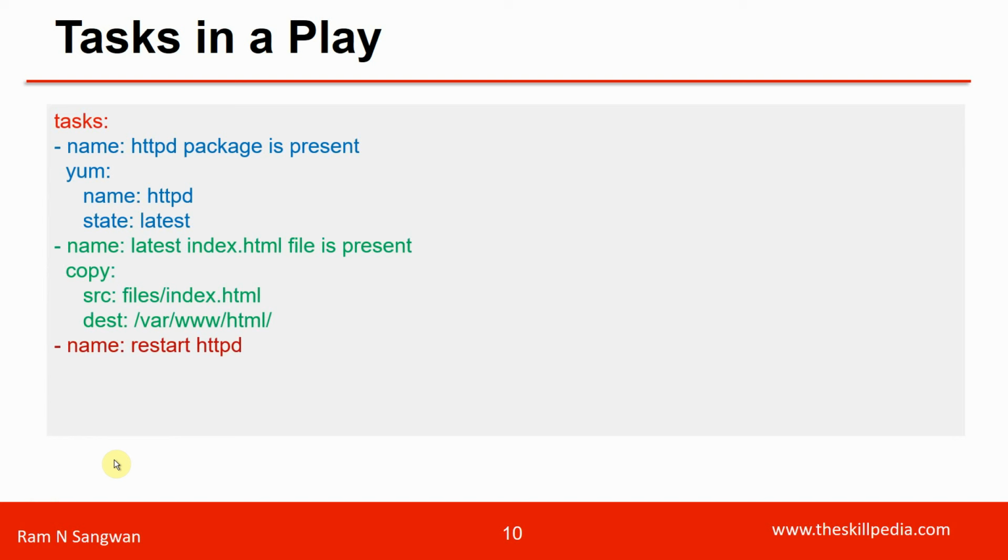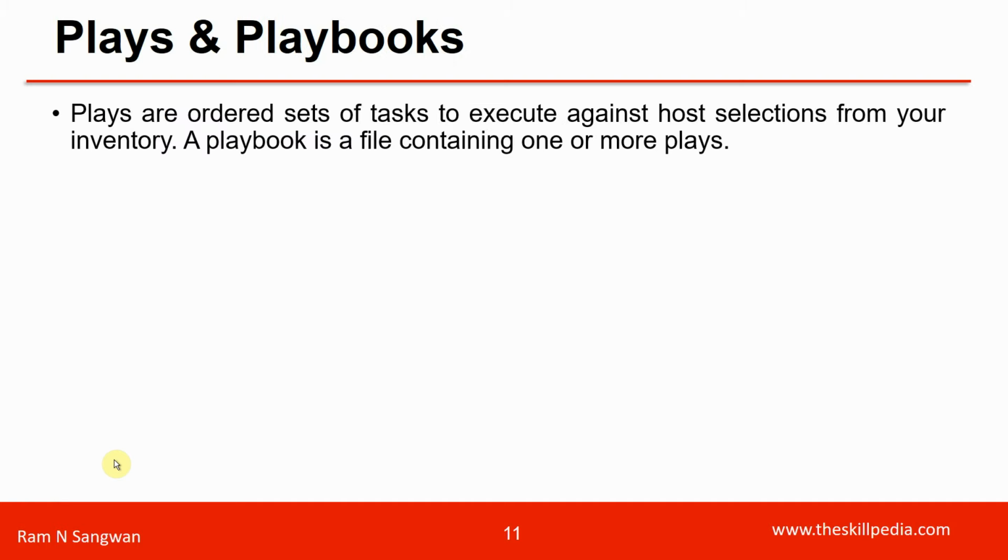Source file location, destination location on the remote machine. Second task over. Third task: name, restart HTTPD. Module to be used, service, name of the service to be started, httpd, state restarted. So this is how you can create multiple tasks using different modules.